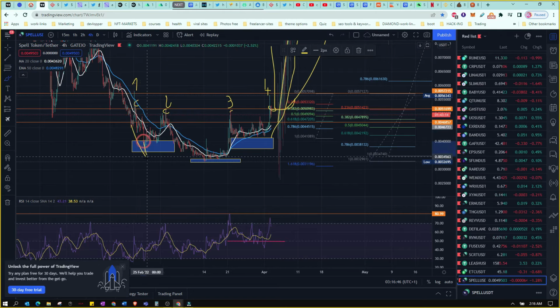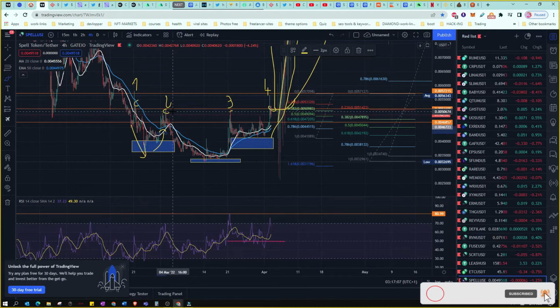Then was another try here, the second try to break this line. It didn't happen. Before we break it, we tried to break the last one, in order for us to go to 0.010. It didn't happen. Then we tried, we didn't even take down the second resistance. So we continued down, all right?